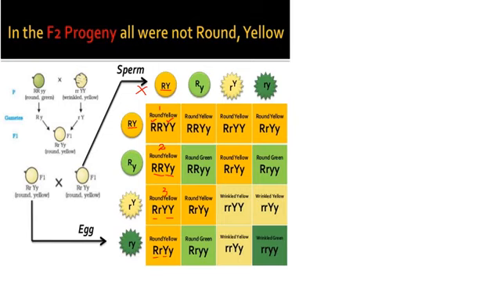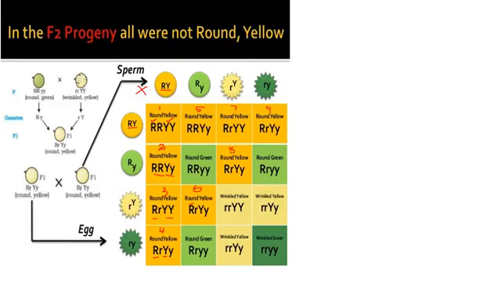This is again the fourth one. Capital R, capital Y, definitely round and yellow. And here capital R, capital Y, fifth case, and this is not the case. Here also capital R, capital Y, this is the sixth case. Then here also seventh case and eighth case and ninth case.